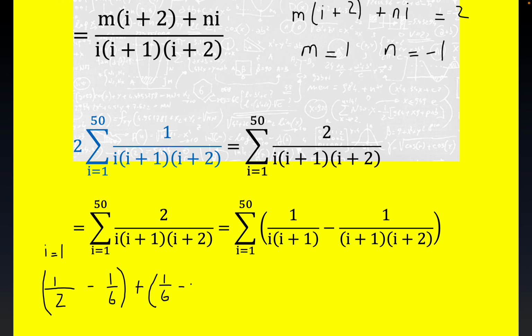Now the next term in this parenthesized quantity is -1/12. Okay, let's carry on. Now again, this would be for i equals 2 right here. Okay, now let's keep going.